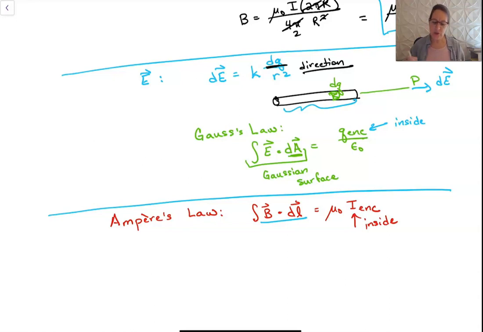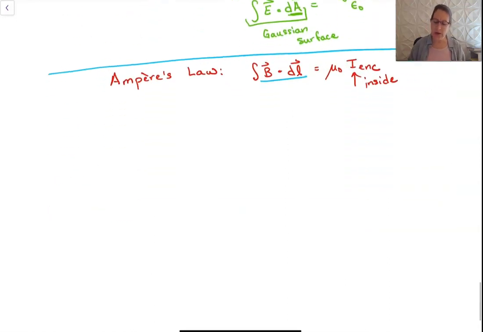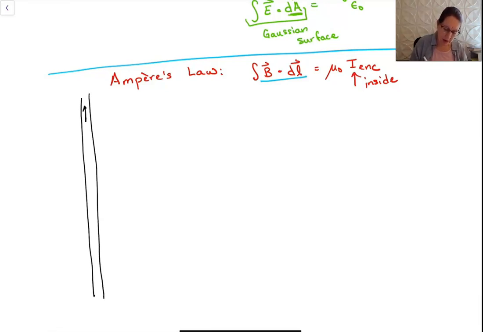So in this case, we're going to say that we have a long wire of current. Here's my I, current, and again, we want a long wire, just like we did in the electric field case, because we want to have symmetry, so we know the direction of the magnetic field.